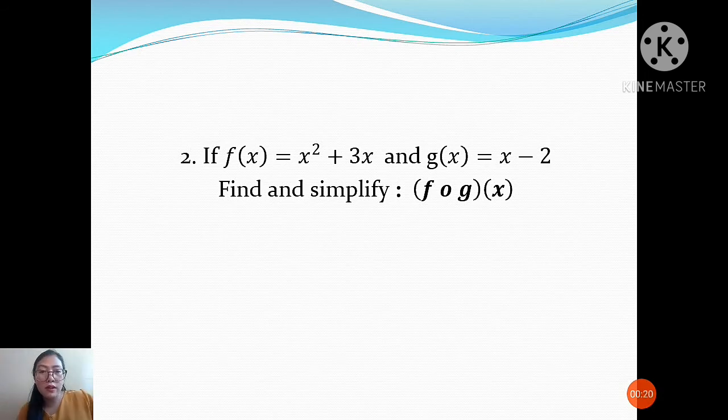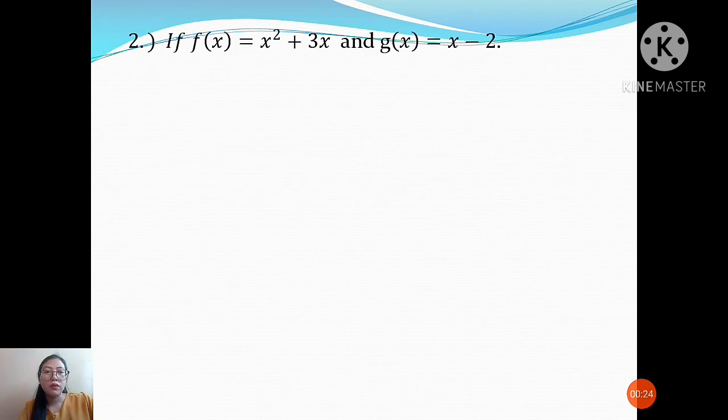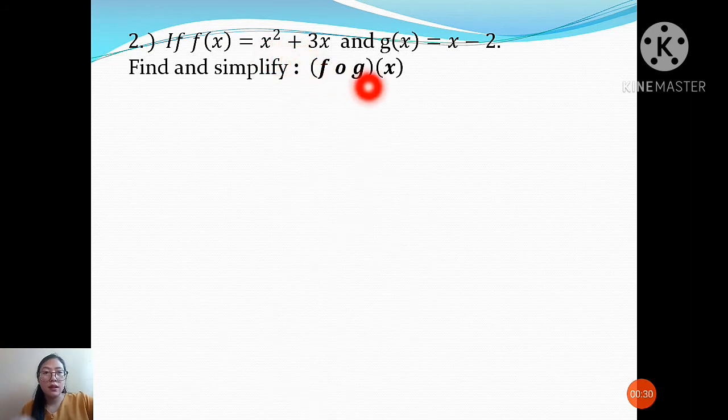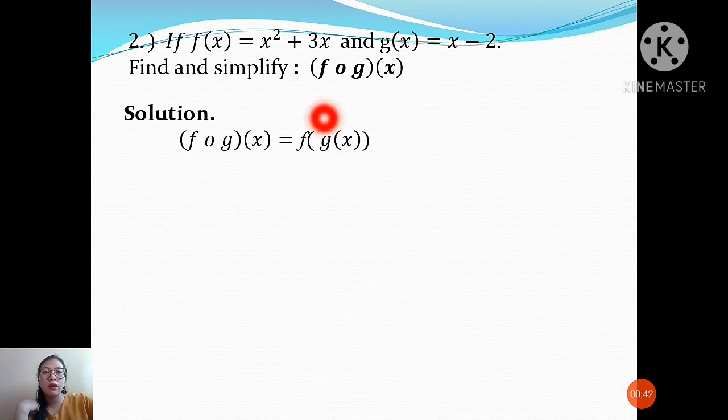So okay, now let's answer this exercise number 2. If f of x is equal to x squared plus 3x and g of x is equal to x minus 2, find and simplify f composed with g of x. So this is the solution. f composed with g of x is equal to f of g of x.